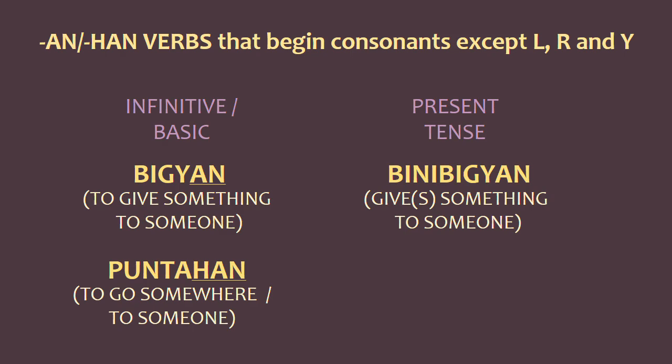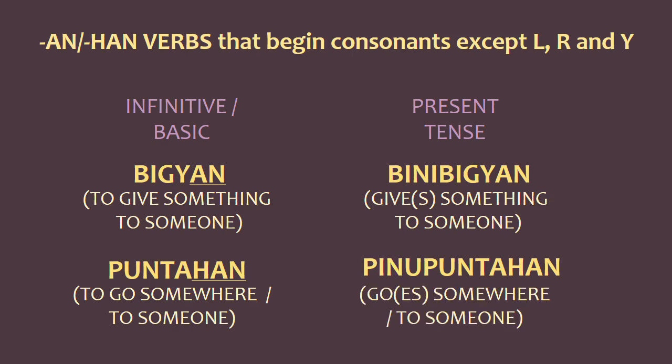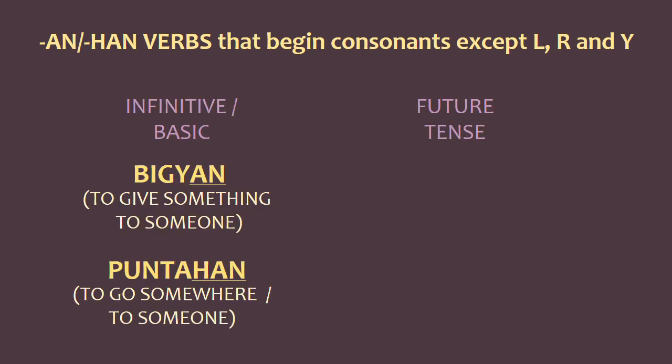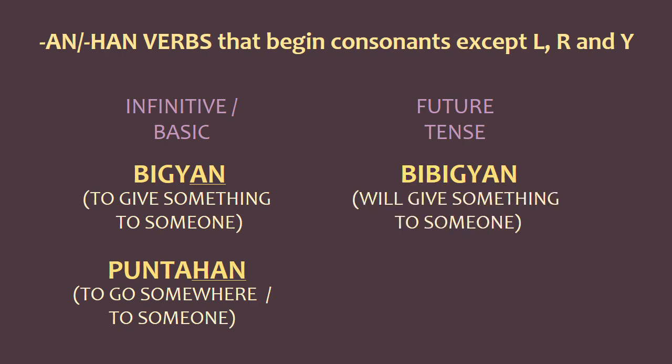And once again, for the second example, double the first two letters, insert in, pinupuntahan. And now for the future tense, you just simply double the first two letters. So here we have bibigyan and pupuntahan.